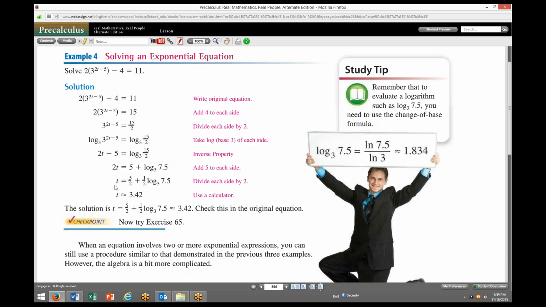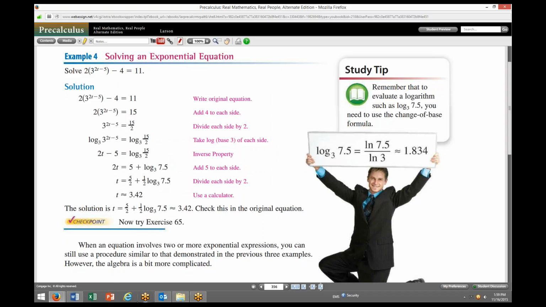And we do find out that t is equal to 5 divided by 2 plus 1/2 of log base 3 of 7.5. And yes, if you had to just come up with a single decimal answer to so many places, you would have to use the change of base formula and process that out to log base 3 of 7.5. I would probably go to log base 10.